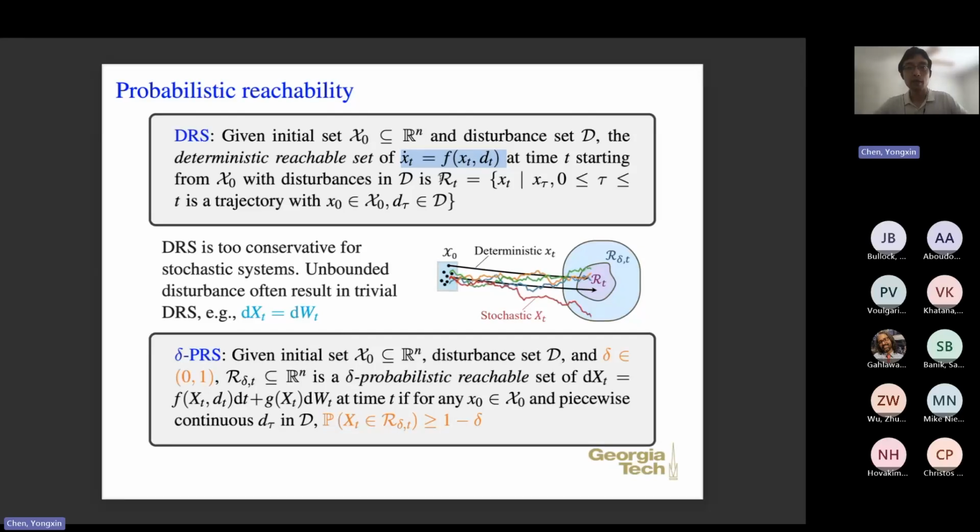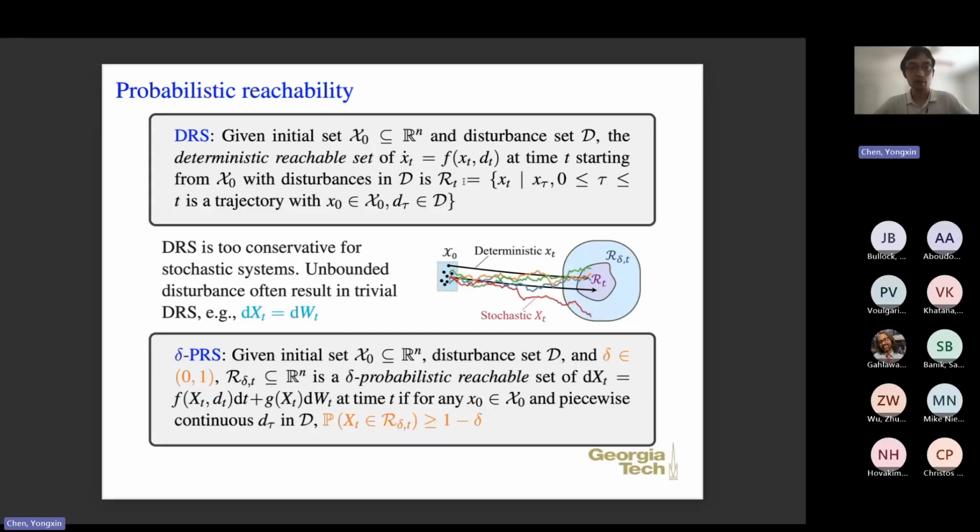The reachable set at a time instance t, and normally you need to fix a time instance, which can be any value, is basically all the possible values of the state at that time instance, if that state comes from this system starting from a certain initial condition and a certain disturbance. In principle, if you could simulate this system millions of times with all the possible initial states and all the possible disturbances, you could get this. This is not the most effective approach, but it is one way, and this is the definition: the reachable states, where the system can reach, the reachable set.